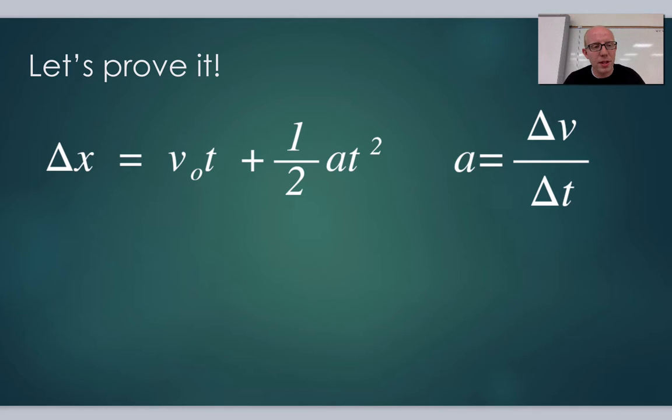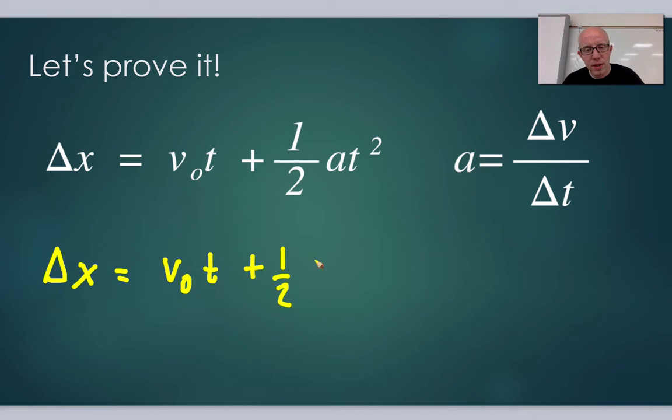So if we start with this equation right here, change of x equals v naught t plus 1/2 a t squared, and the acceleration equals change in v over change in t, which we've seen before, right? One of our definitions, okay? Let's try plugging in acceleration into a right here in this equation. If we do, we get change in x equals v naught t plus 1/2 change in v over change in t times t squared, okay?